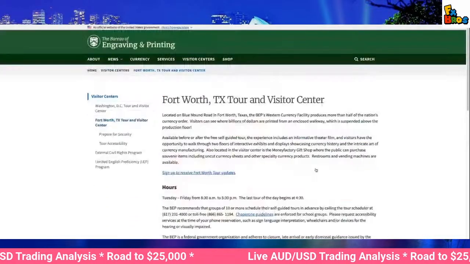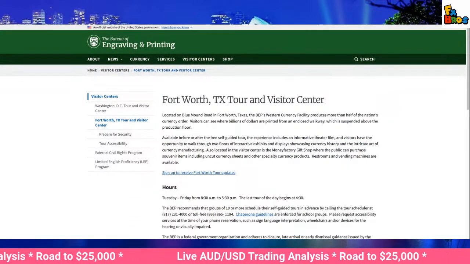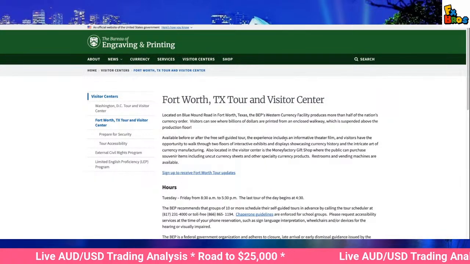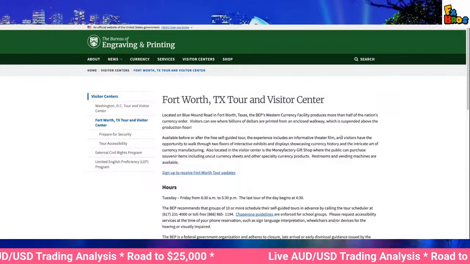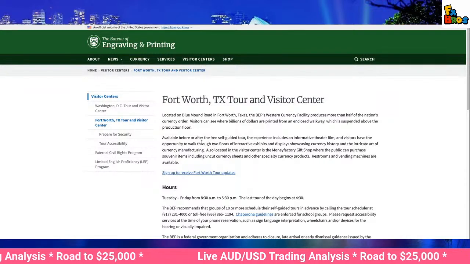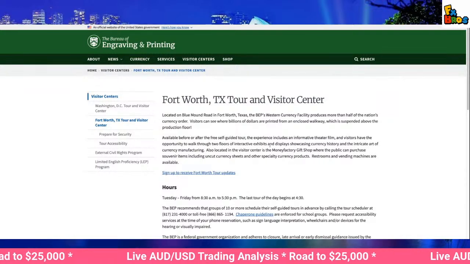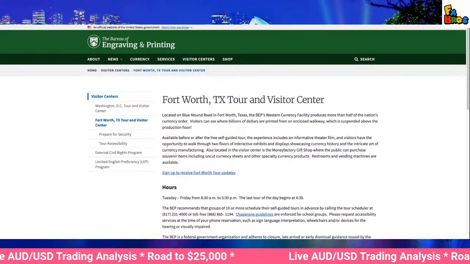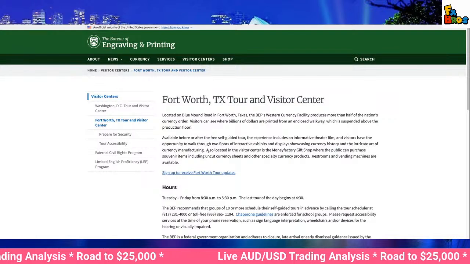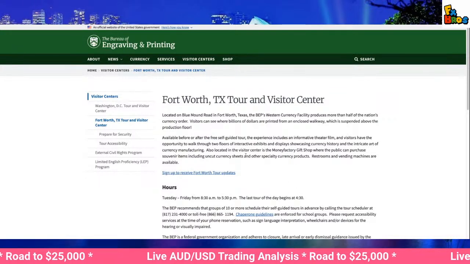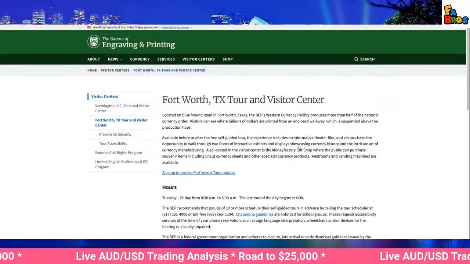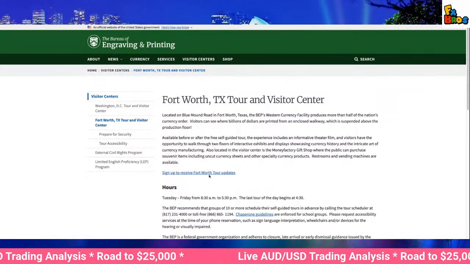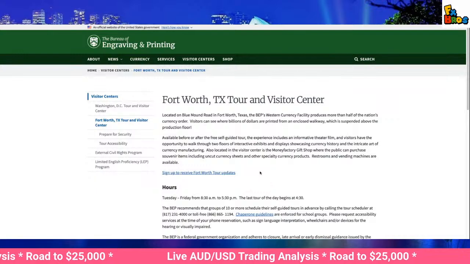Visit Texas. Free self-guided tour. The experience includes an information theater film, and visitors have the opportunity to walk through 2 floors of interactive exhibits and displays showcasing currency history and the intricate art of currency manufacturing. Also located there is, you already know, the Money Factory gift shop, where you can buy money with your money.